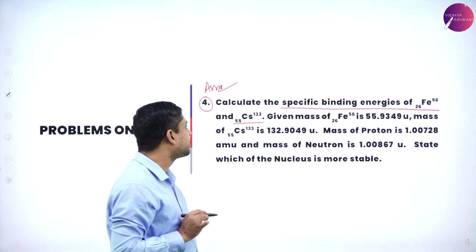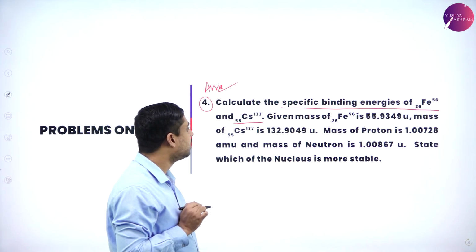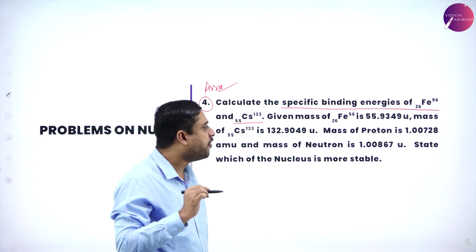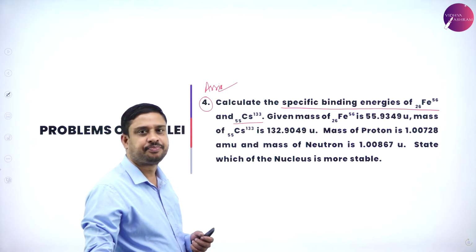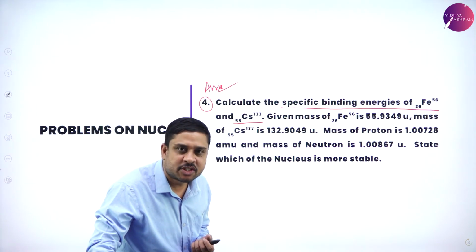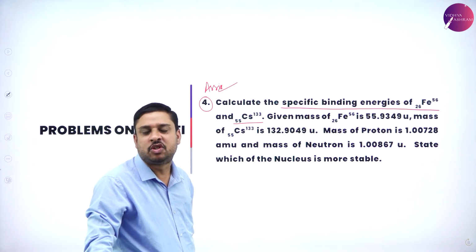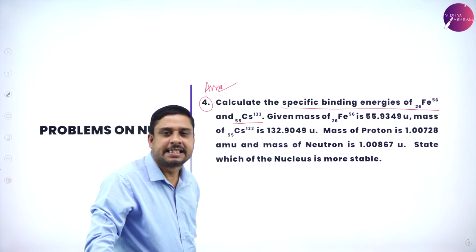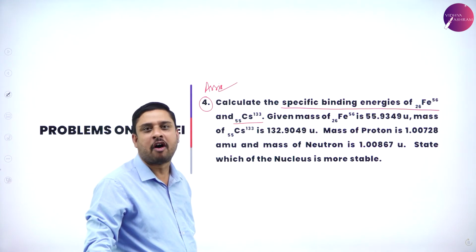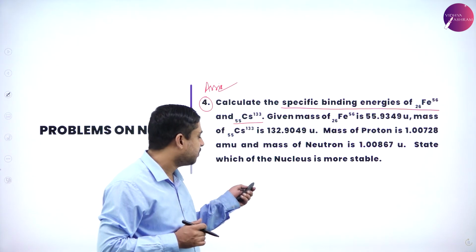Mass of ferrous is given, mass of cesium is given, mass of proton is given, mass of a neutron is given. Specific binding energy. What is the specific binding energy? That is nothing but binding energy per nucleon, as we did in the previous case.